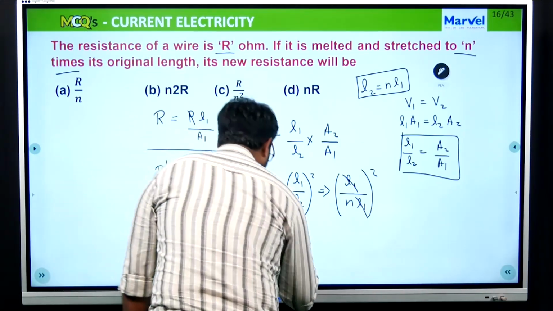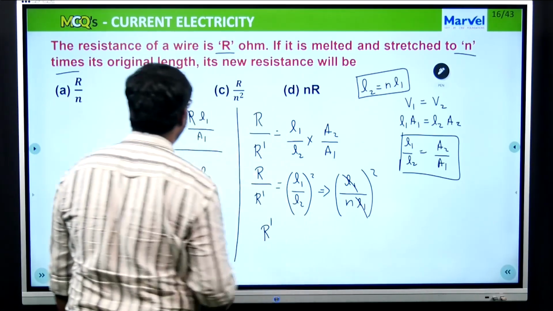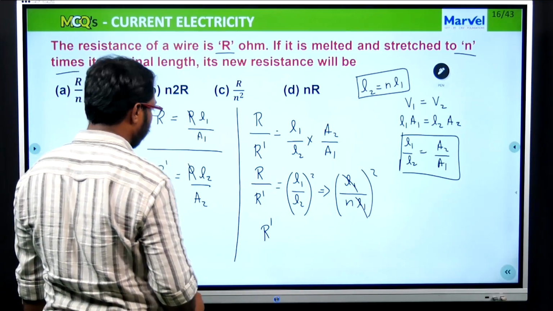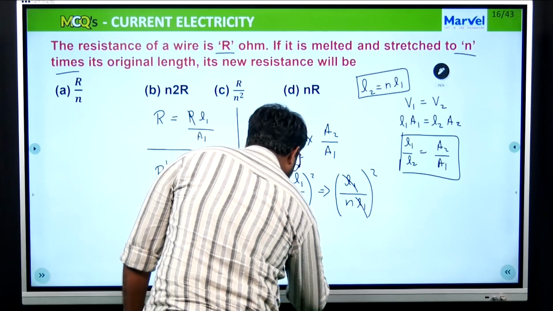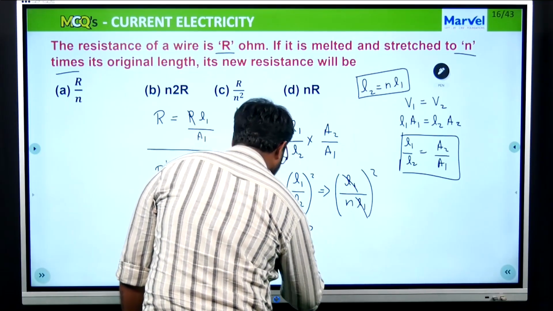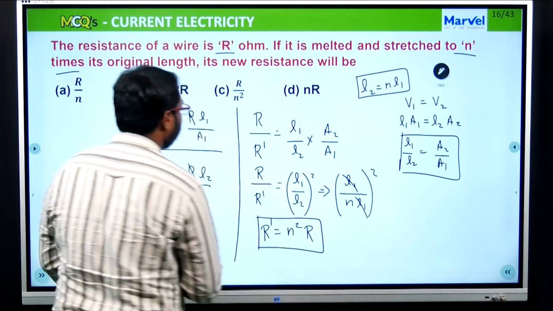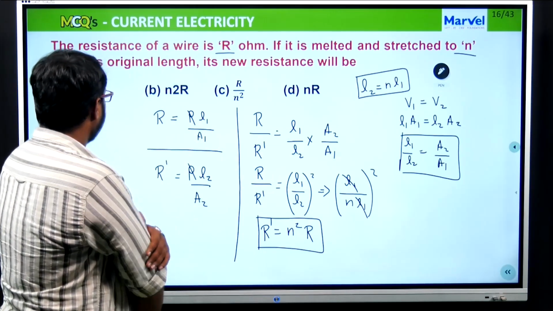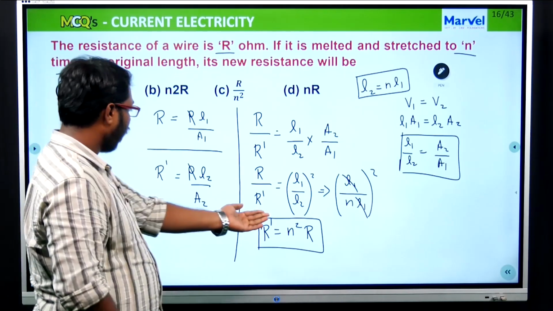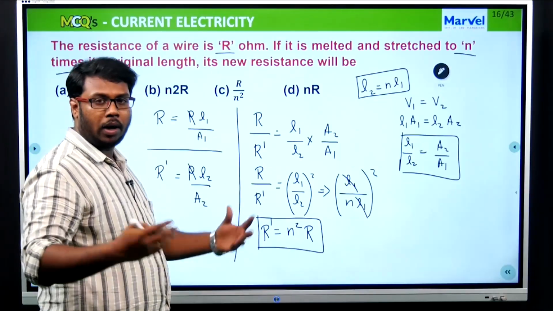So R prime is equal to n squared times R. Which means your resistance is going to increase by n squared times when your length increases.